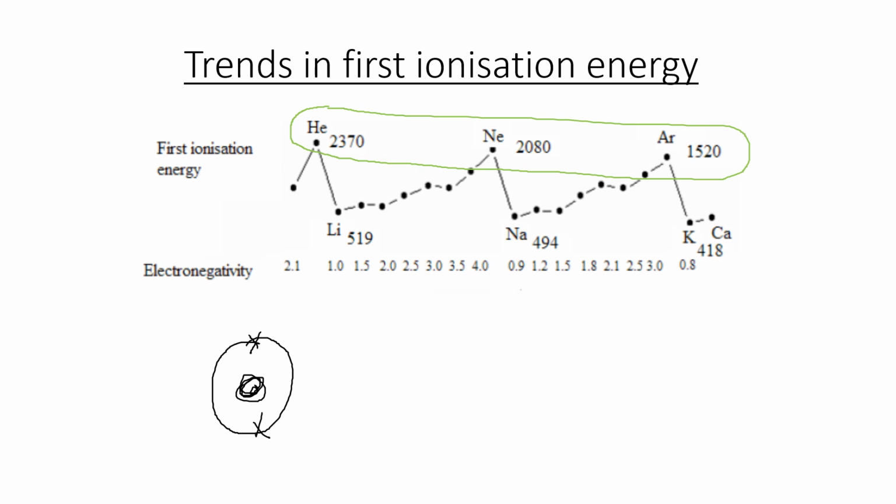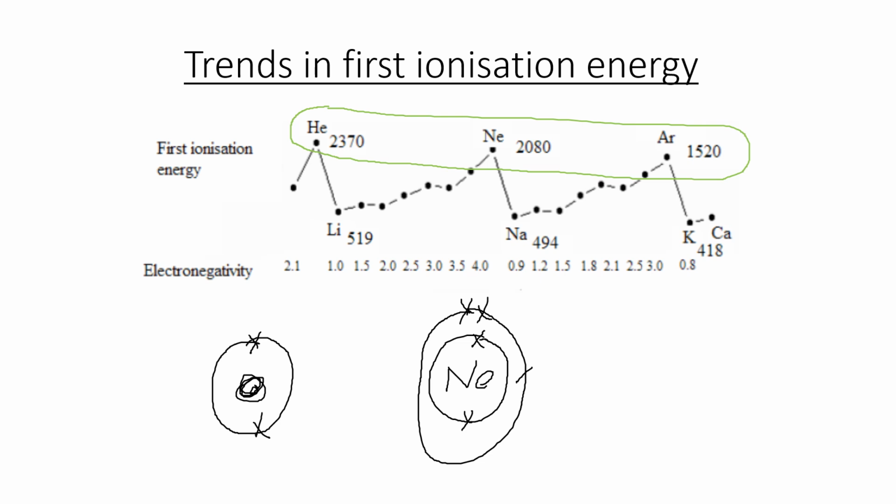Whereas when you get to neon, neon has the configuration 2, 8 in the old Bohr model. So you've got the 2 electrons and then 8 electrons. And what you find is those 2 electrons help screen or shield the outer shell electrons from the effects of the nucleus. And also this radius is getting bigger as well. And then we could keep on going, and it's the same principle for argon.